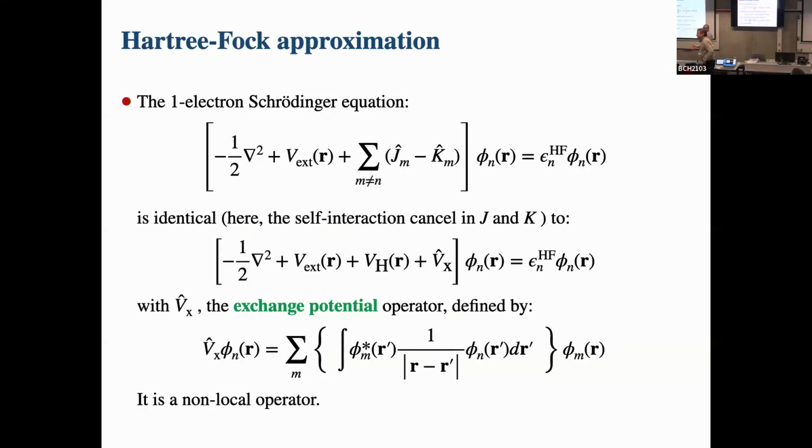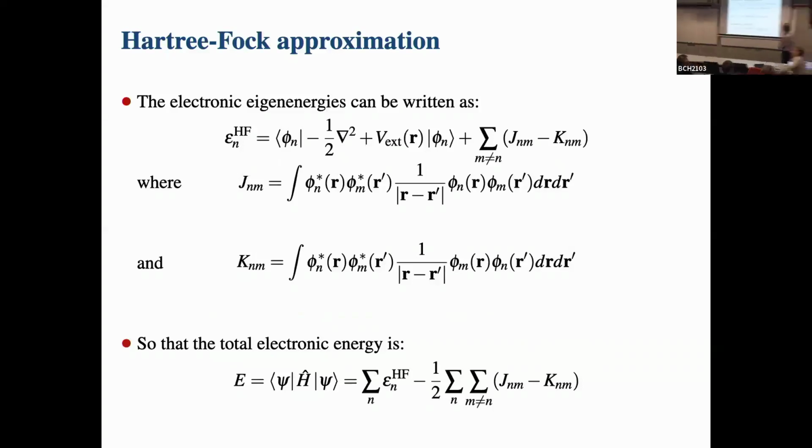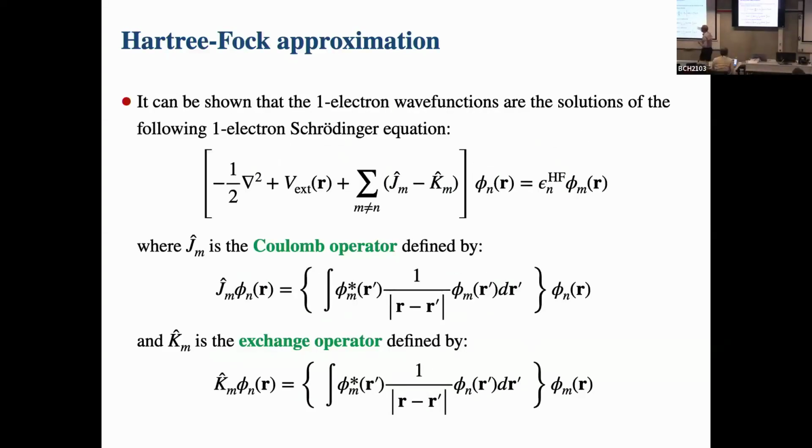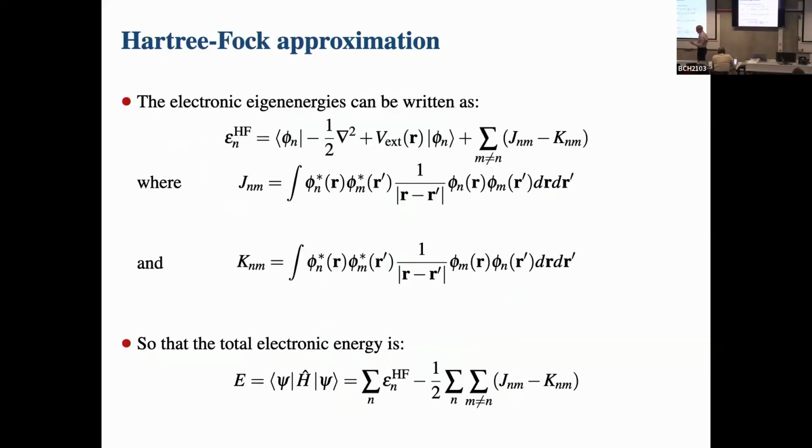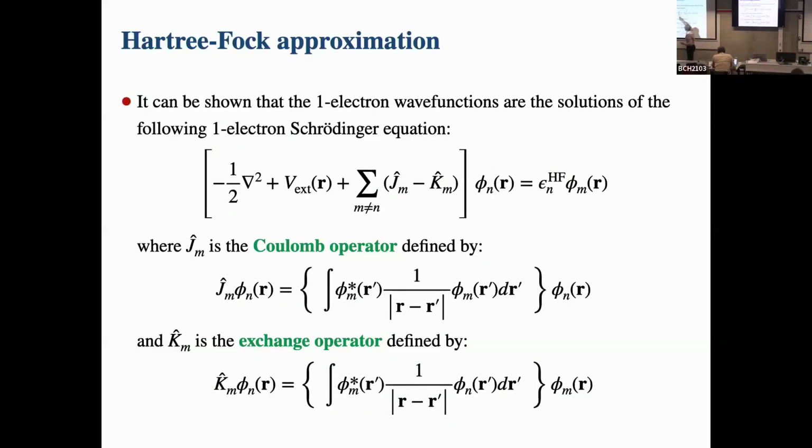And so why is it self-interaction free if it has the same problem as the Hartree approximation? Why is Hartree-Fock self-interaction free? Because maybe I consider it in the Hartree term and I subtract it. Yeah, it's exactly the same term. So if you come here and look at these two, when you put m equal to n, they are exactly equal, so the difference between the two would be exactly the same.